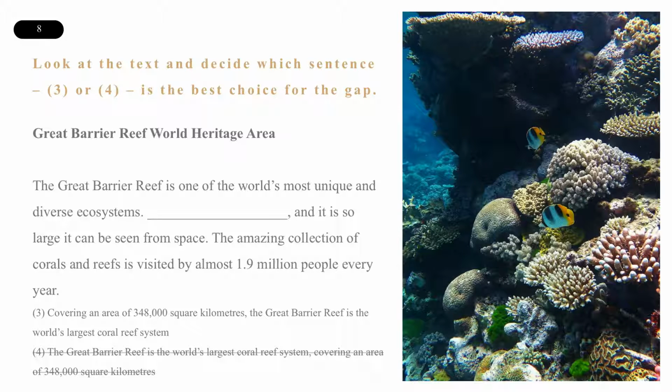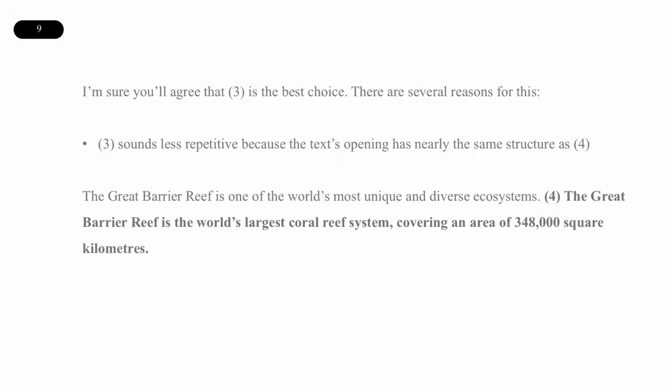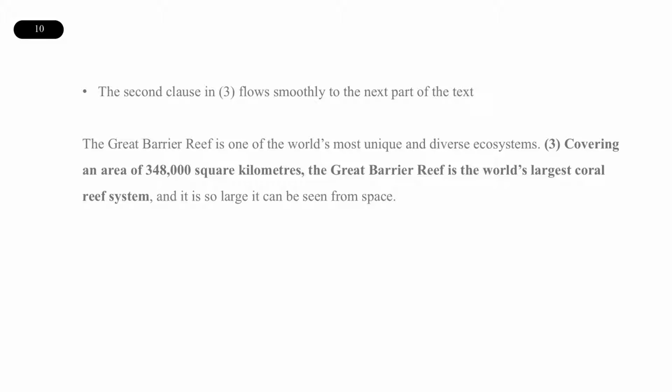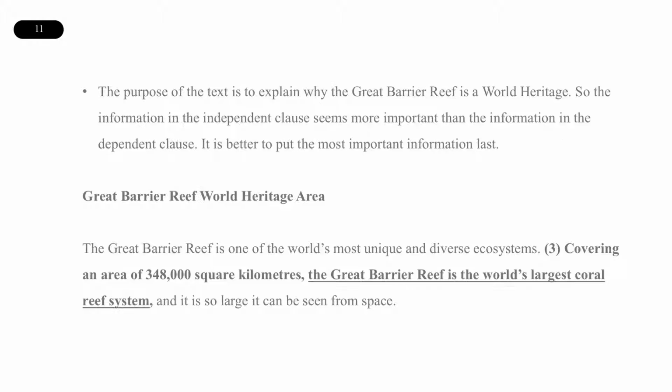Okay, so I've chosen number 3. I'm sure you'll agree that number 3 is the best choice. There are several reasons for this. Firstly, number 3 sounds less repetitive because the text's opening has nearly the same structure as number 4. Also, the second clause in sentence 3 flows smoothly to the next part of the text.